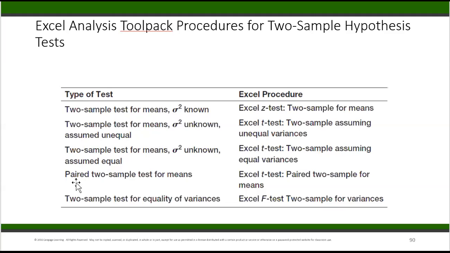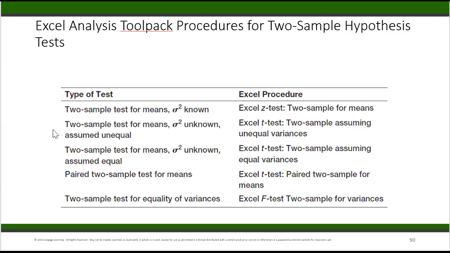We also do a paired two-sample test for means when you have dependent or paired samples. I'm going to explain later on, but here we have the same items belonging in both samples. If you are comparing, for example, the retail price of Walmart versus Target, and you pick exactly the same items and compare their prices one by one, this would be a case of paired samples.